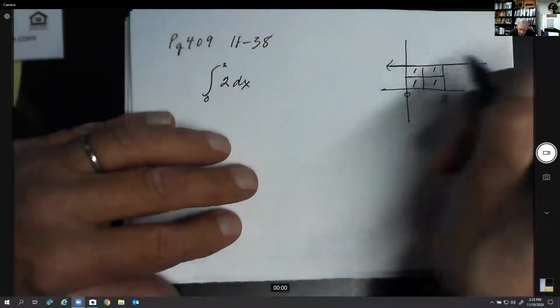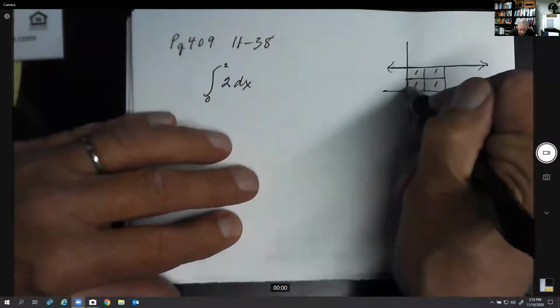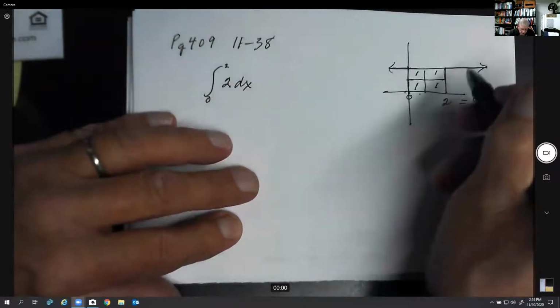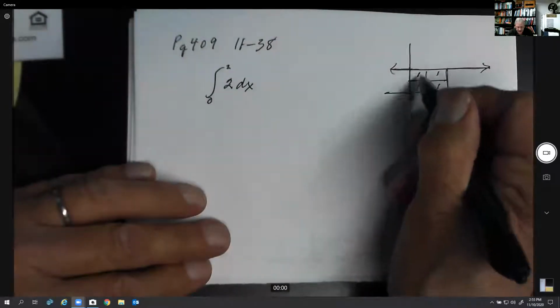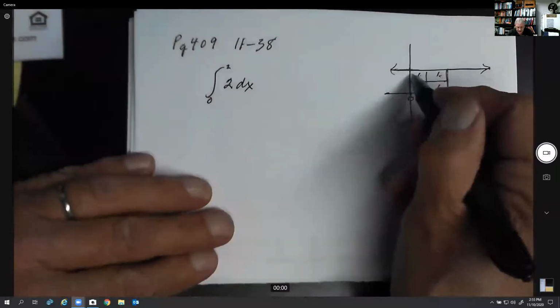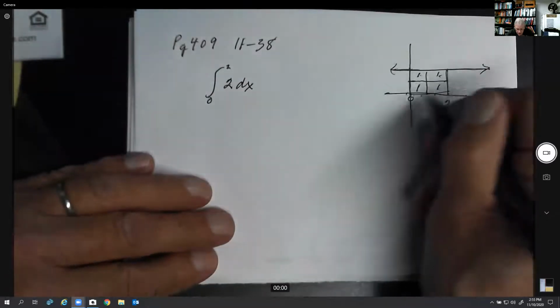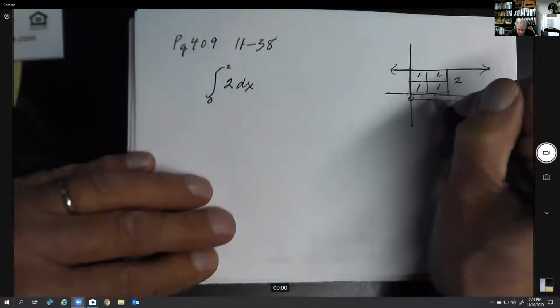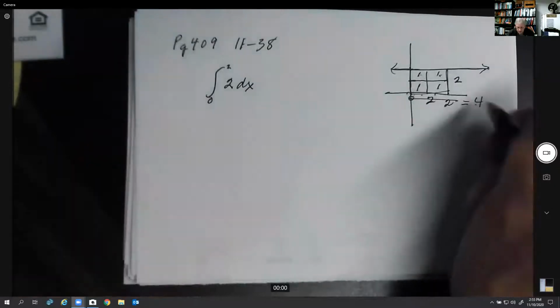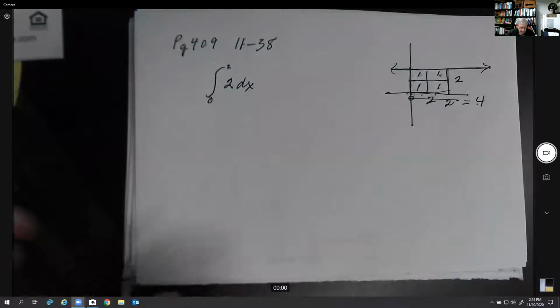And this continues. We're just using an interval from here to here. And we're seeing, okay, what's the area inside this box? So we could also say this was 2 units long and 2 units high. 2 by 2, 4. Okay.